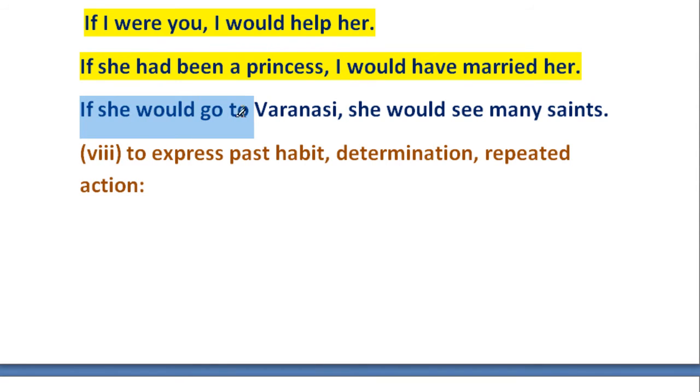If she would go to Varanasi, she would see many saints. So these are conditional sentences, and would has been used here to express the condition.